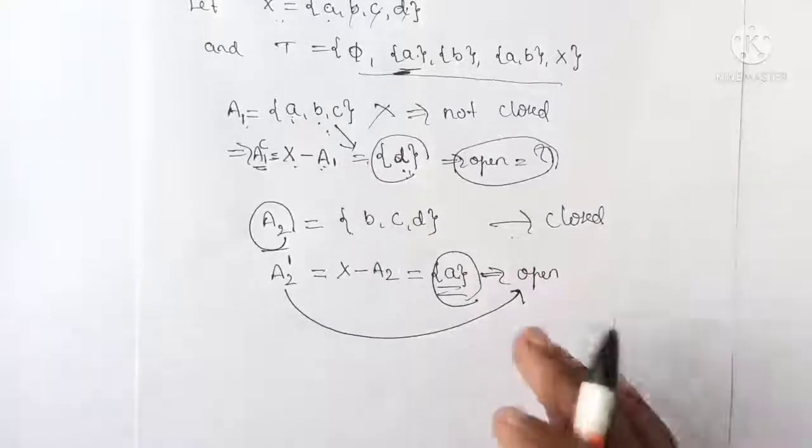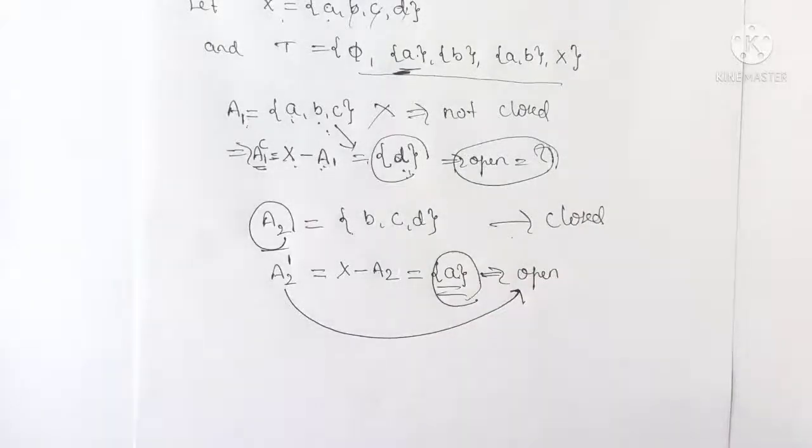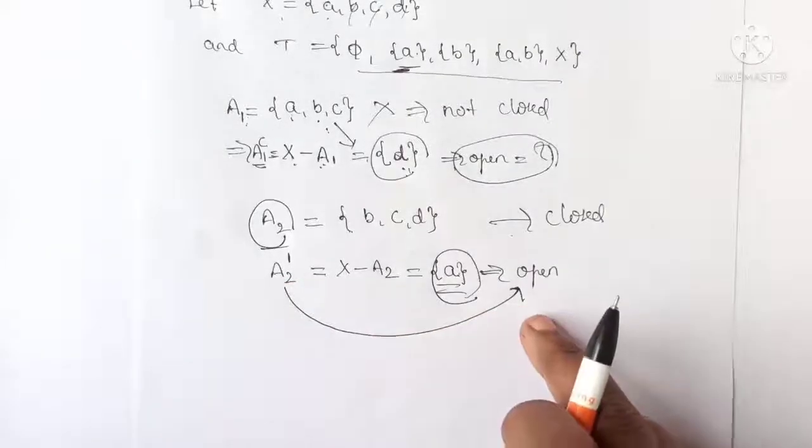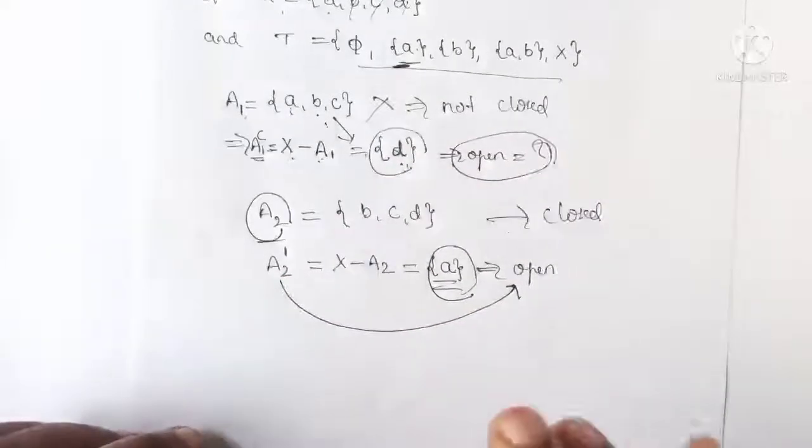So that means a subset is said to be closed if and only if its complement is open. If and only if means a double implication.